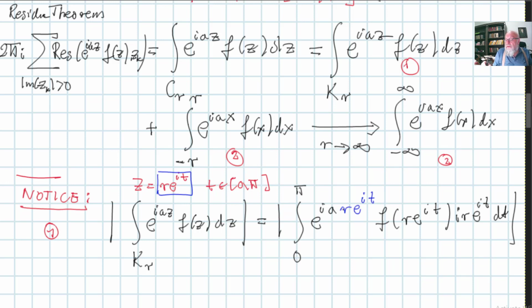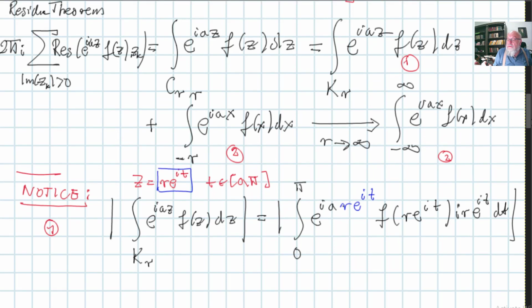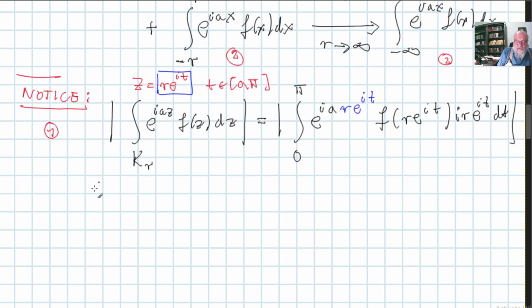Now we can use the inequality: smaller or equal, with the absolute value inside. So I'm getting here the absolute value of f(r e^{it}). Then that one just becomes r.